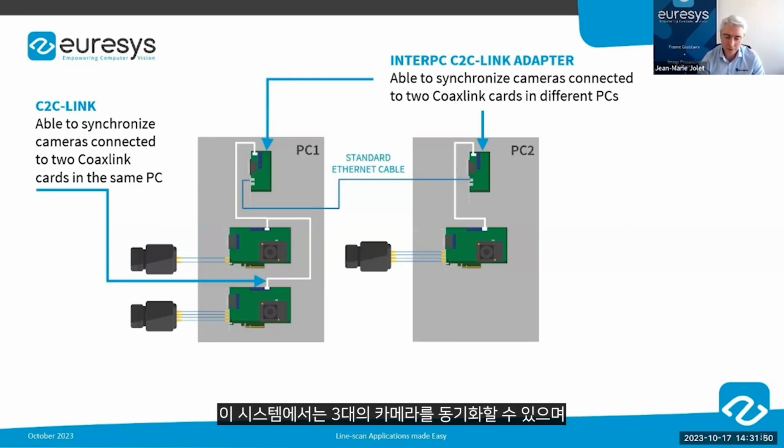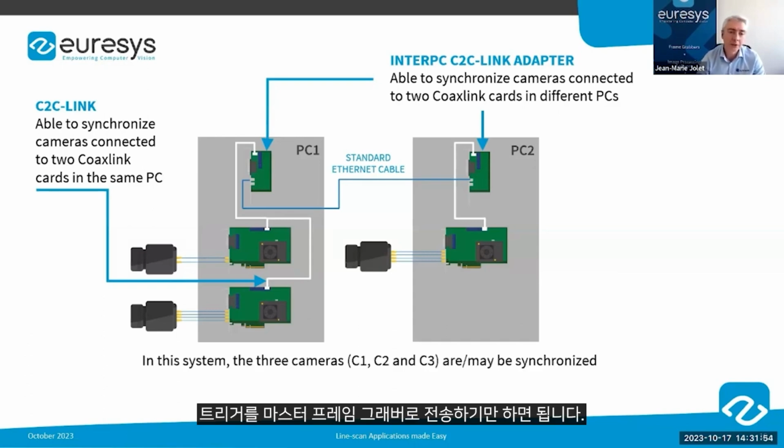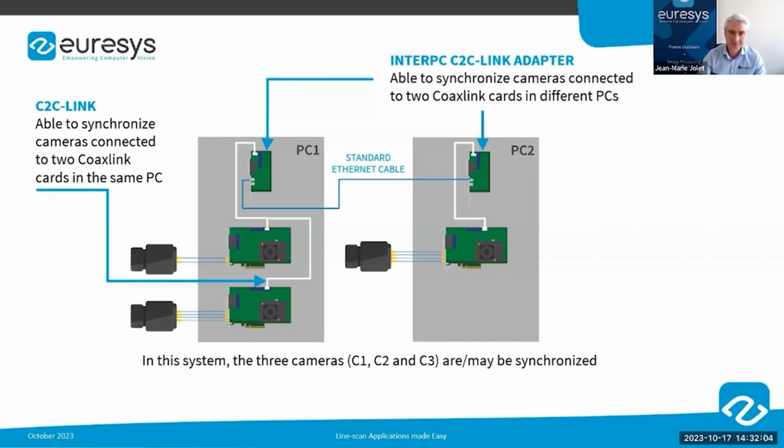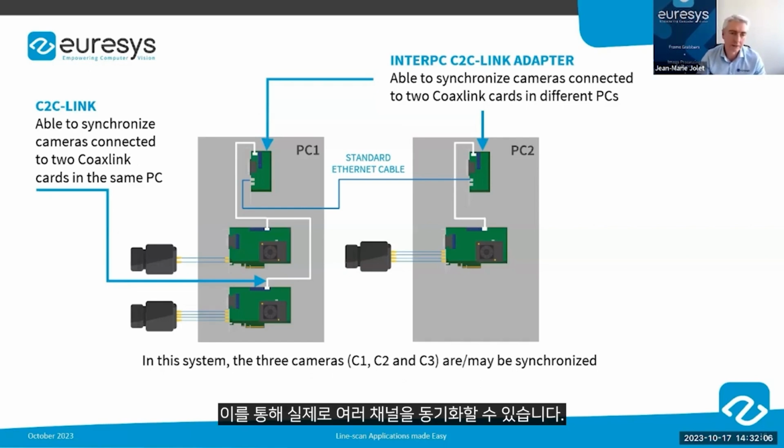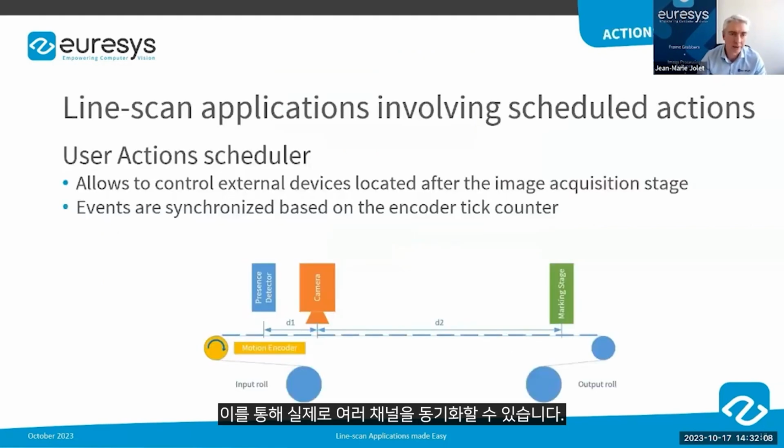In this system, we have three cameras. They can be synchronized, and the trigger just has to be sent to the master frame grabber. The master frame grabber will ensure that all the slaves receive exactly the same trigger at the same time. This really allows the synchronization of several cameras.